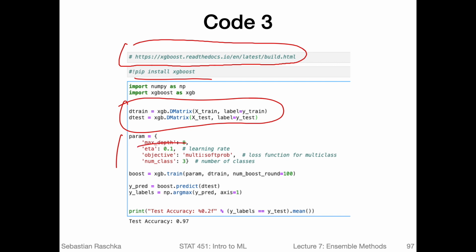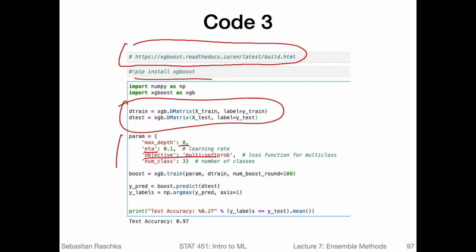Again, I'm setting the max depth to 8. It's just something I set arbitrarily. Again, I didn't do any tuning here. I set the learning rate, which is called eta here, to 0.1. Then I'm using a multi-class classification loss here, and we also have to specify the number of classes in our dataset.